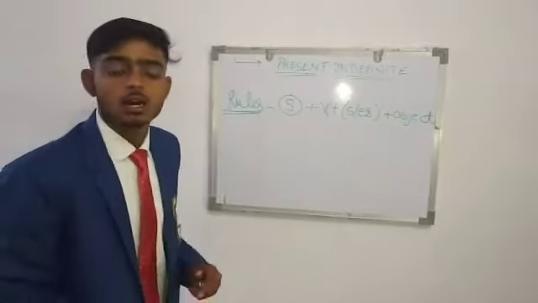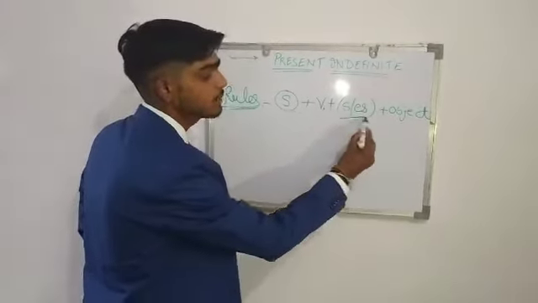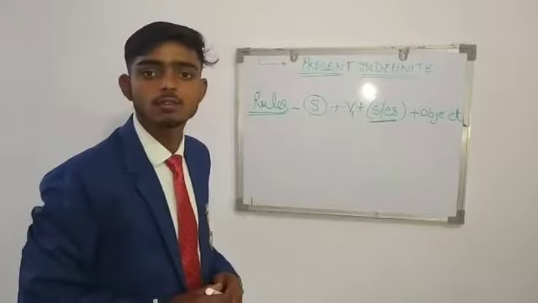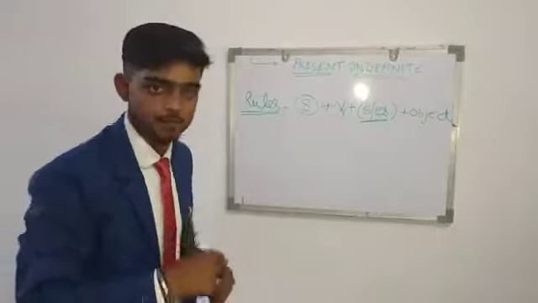And now you may be confused about s or es, that where we can use this s or es in present indefinite tense. So I will clarify where is the use of s or es and when.